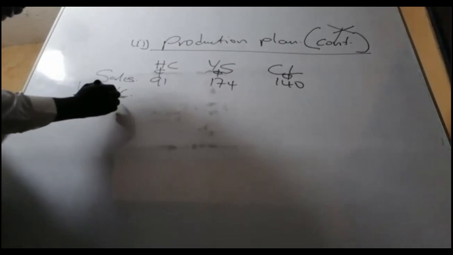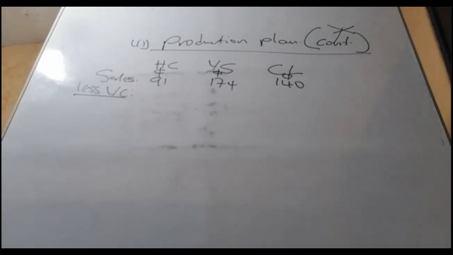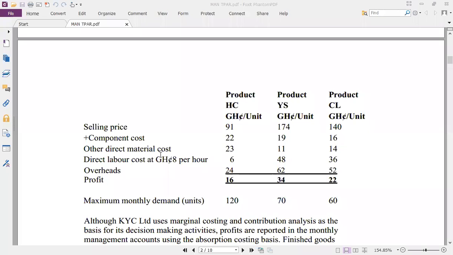So you are going to list all the variable costs because contribution is equal to sales minus the variable cost. So let's go to the question and assemble all the variable costs that we have. Then we are done. Now, variable cost is all the direct cost except the fixed cost.